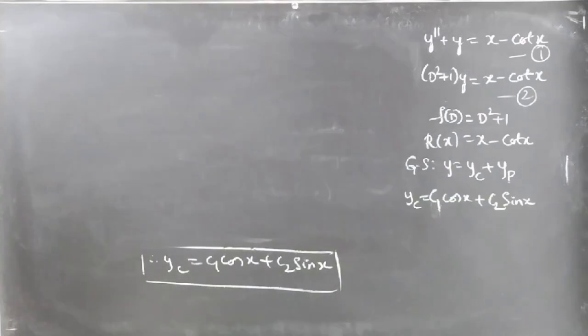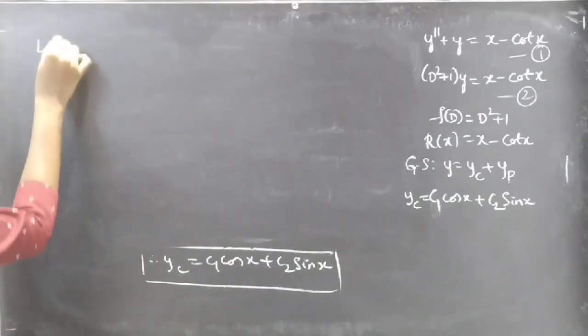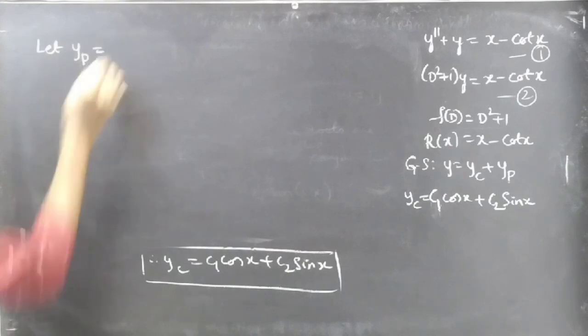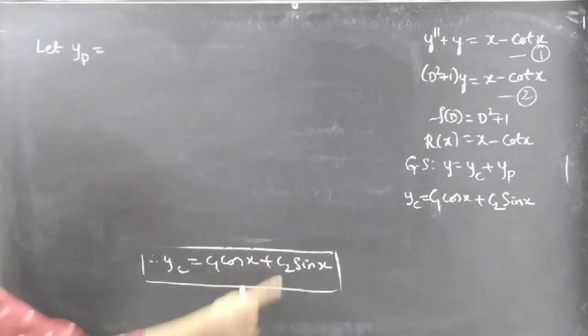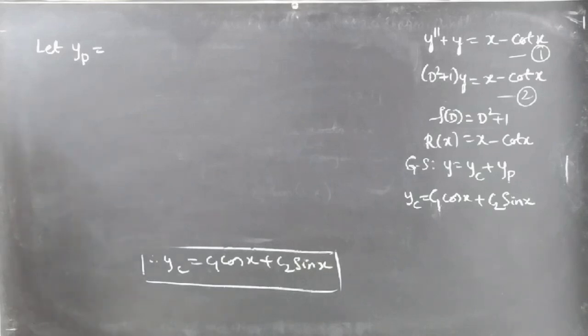Now using this, we'll find yp. Let yp equal to, now replace the constants or parameters with some functions of x, a and b.